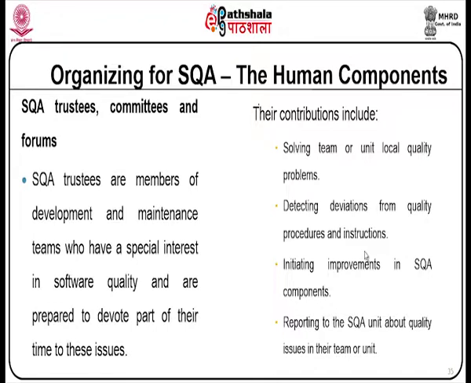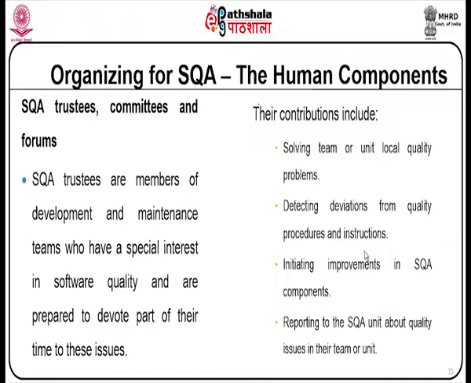Their contributions include solving team or unit local quality problems, detecting deviations from quality procedures and instructions, initiating improvements in software quality assurance components, reporting to the software quality assurance unit about quality issues in their team or unit.